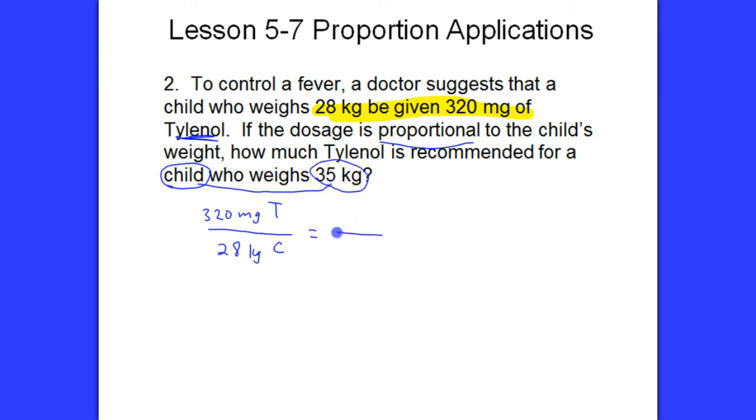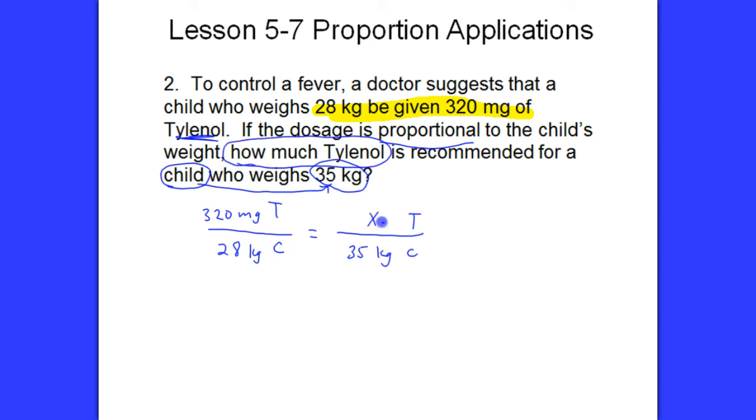Okay, so over here, I have to make the child and the Tylenol match up correctly. So they told me that the child is 35 kilograms, so that goes here. And I don't know how much Tylenol. That's what the question asks. It says how much Tylenol is recommended. So that's what I'm trying to figure out.